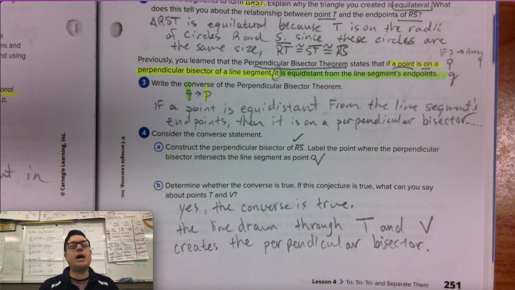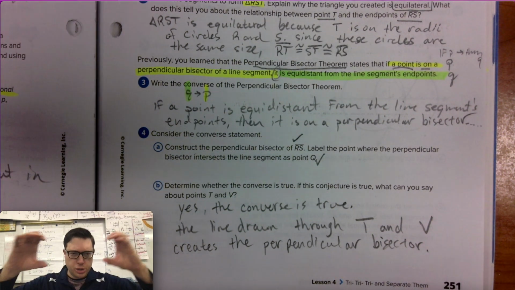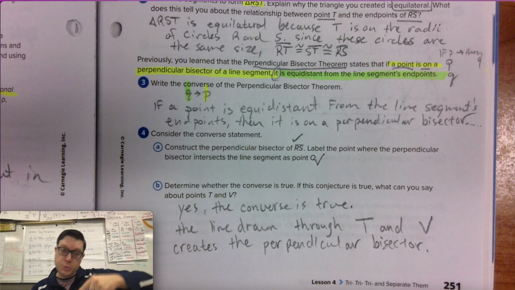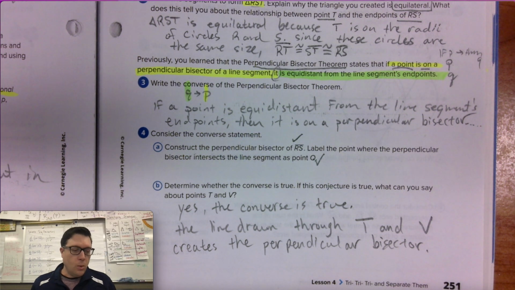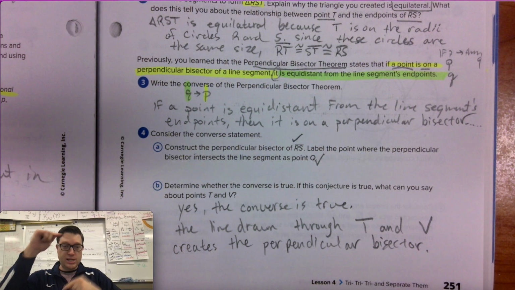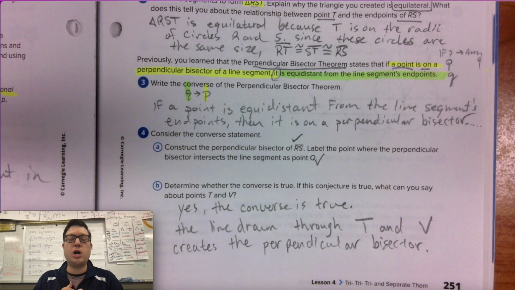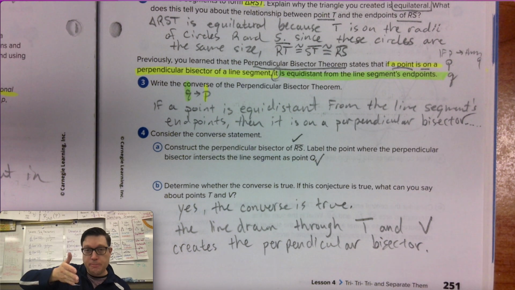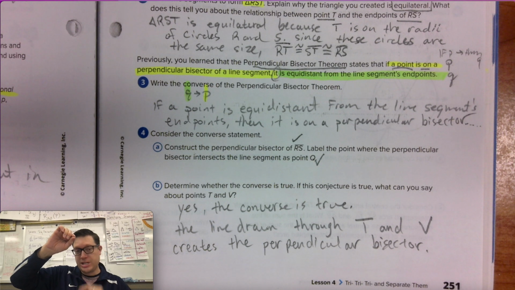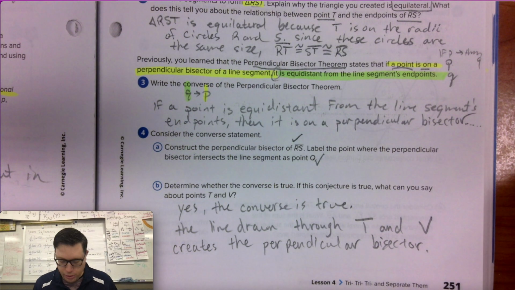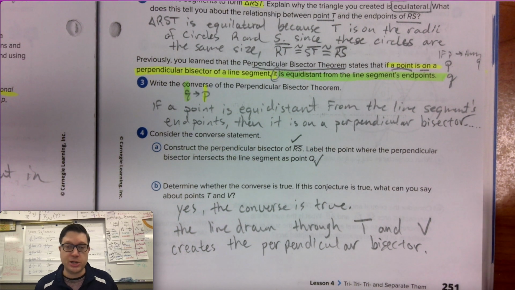So when you do that construction with the two circles that cross, that creates two equilateral triangles, a top one and a bottom one. But if you connect the top triangle's vertex and the bottom triangle's vertex, that's T to V, that actually does end up creating the perpendicular bisector. So converse is true. There are other things we need to talk about.